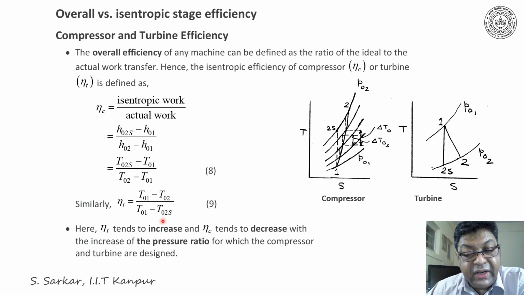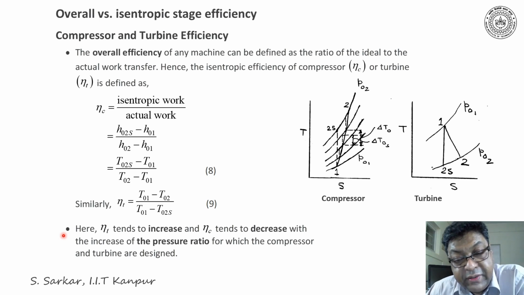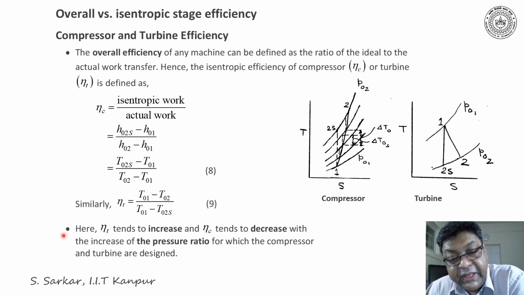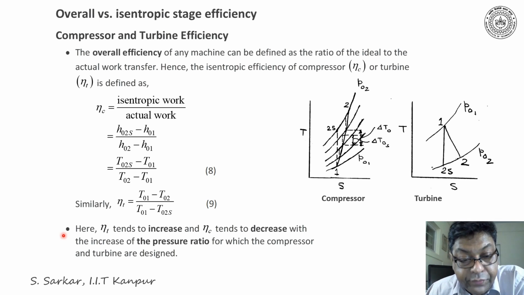Here, isentropic temperature drop for a turbine will be higher than the actual temperature drop. Thus, I have defined the overall efficiency of a multi-stage compressor and of a multi-stage turbine. Furthermore, please note that eta T tends to increase and eta C tends to decrease with increase of pressure ratio for which the compressor or turbine are designed.